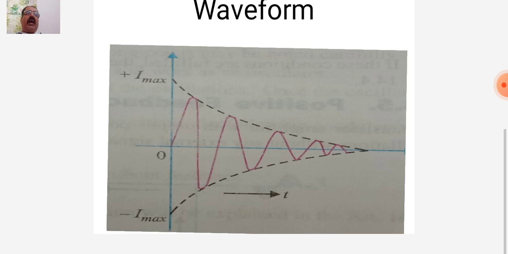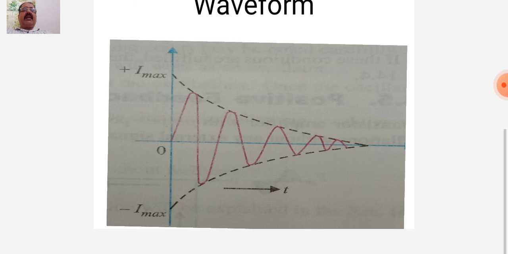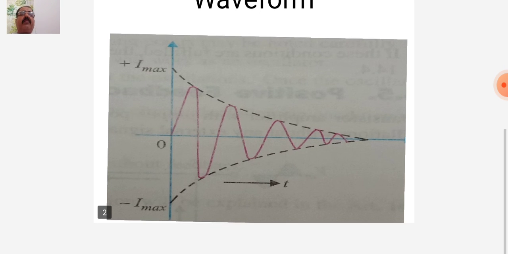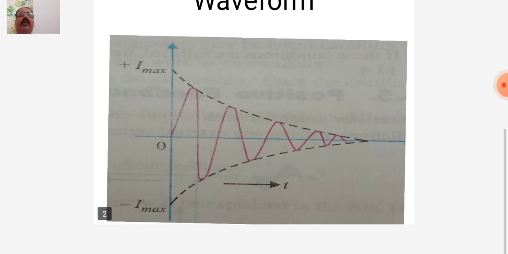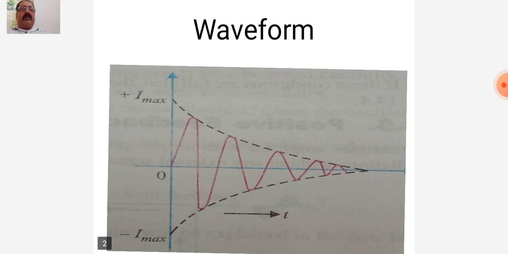With a large value of inductance, the opposition to charge flow in the circuit is greater, and hence the time required to complete each cycle will be longer. Therefore, the greater the value of inductance, the longer is the period, or the lower is the frequency of oscillation in the tank circuit.